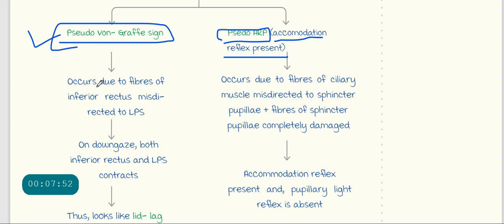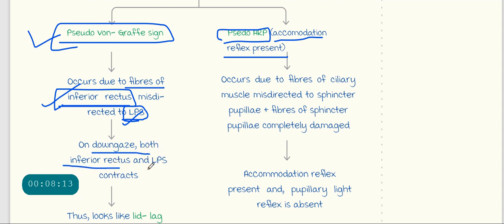It occurs due to the fibers of the inferior rectus misdirected to the LPS. Okay, so the inferior rectus is misdirected to the LPS. Okay, on down gazing, both the inferior rectus and LPS contract, and due to which it looks like a lid lag.